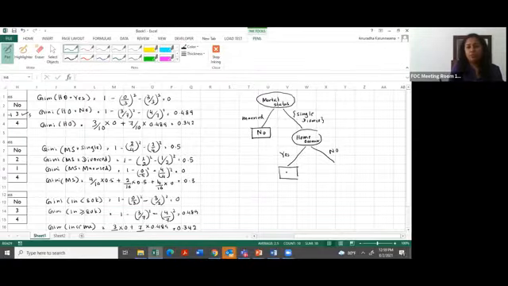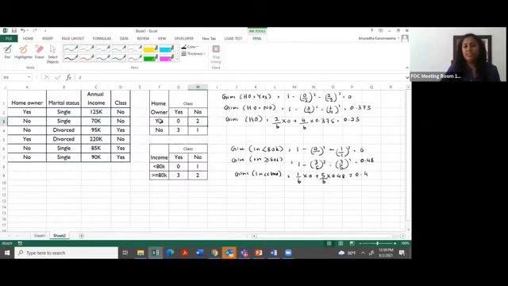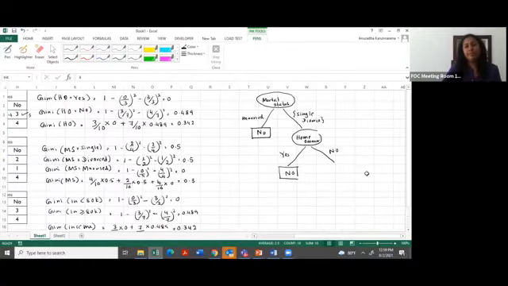It is no, because homeowner is yes, decision is no. But when homeowner is no, there's no clear decision. Three of them say yes, the other one says no. Is it clear, students? Up to this, is it clear to you?